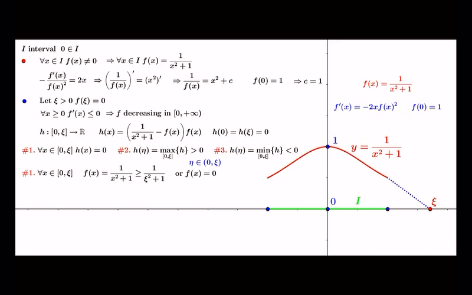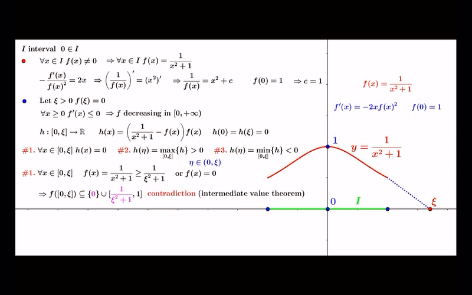Hence, we get the following conclusion for the set of values of f on the closed interval from 0 to ξ. Since f(ξ) = 0 and f(0) = 1, the intermediate value theorem is violated, as f is continuous on the closed interval from 0 to ξ and does not take values on the open interval from 0 to 1/(ξ²+1). Thus, we get a contradiction.